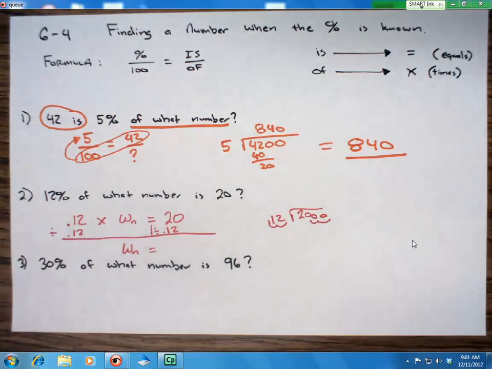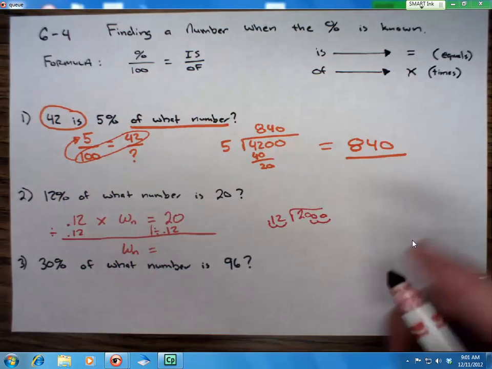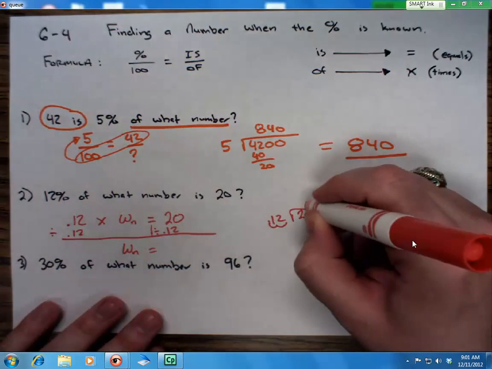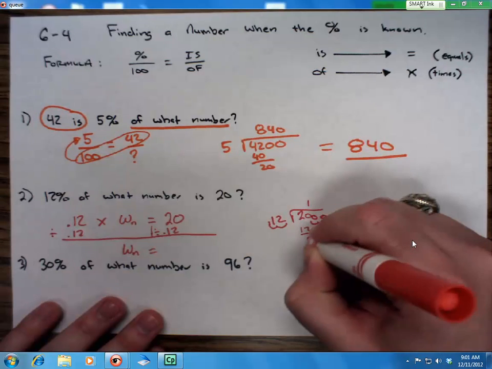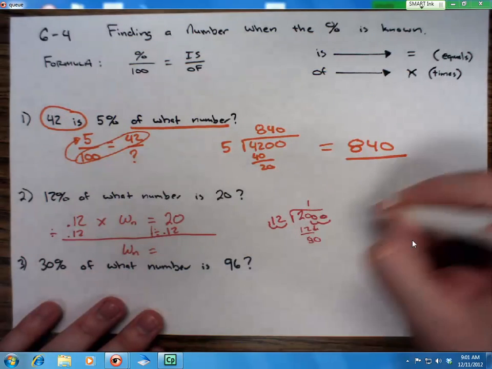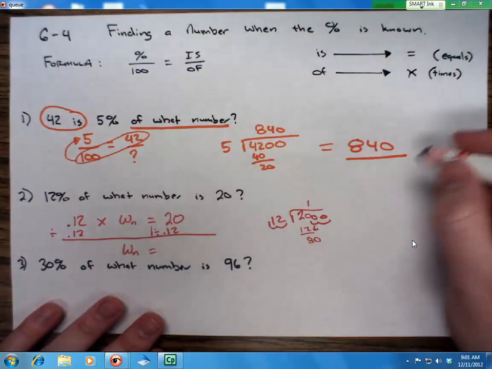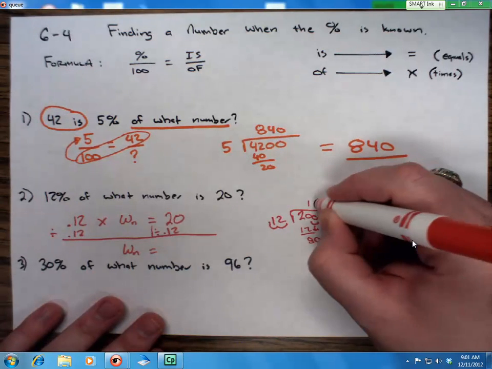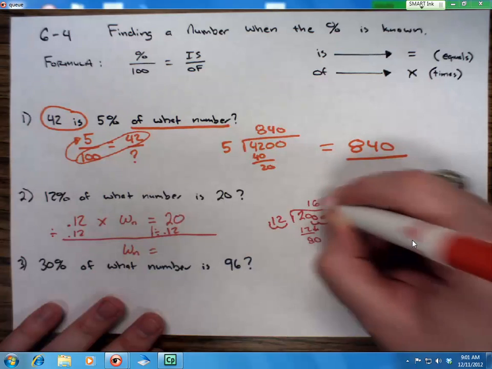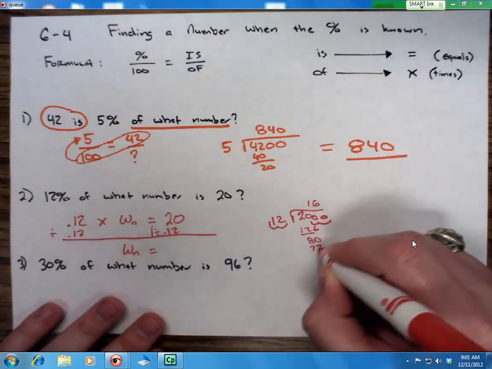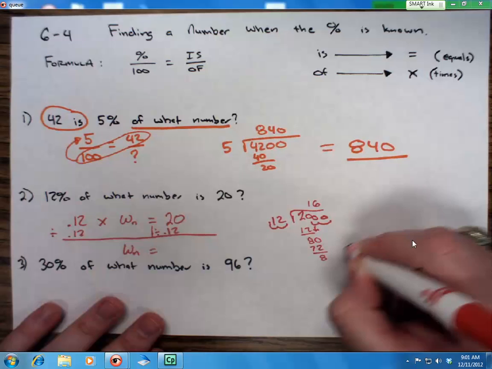How many times does 12 go into 2,000? Okay, which we know that 12 will go into 20 1 time, which gives me 12, which leaves 8. 12 will go into 80 how many times? 6 times, which gives me 72, which gives me 8 again.